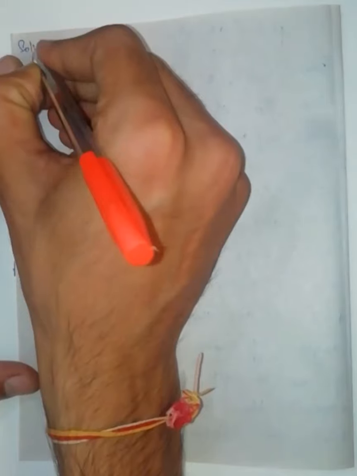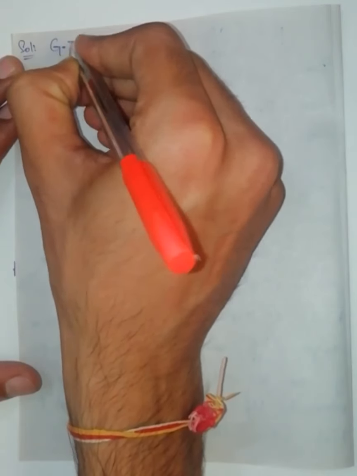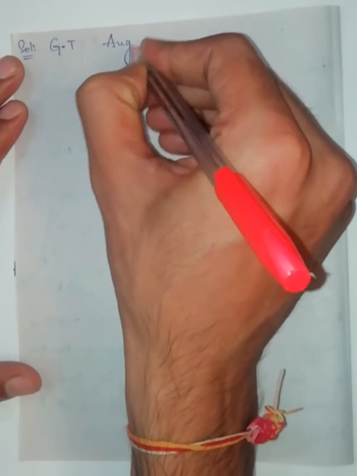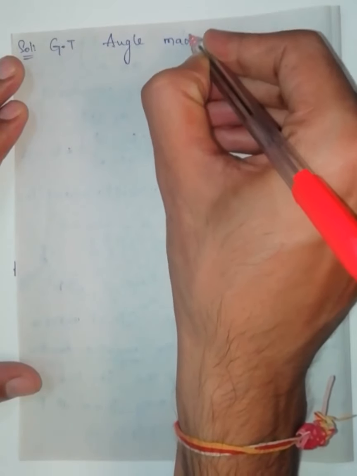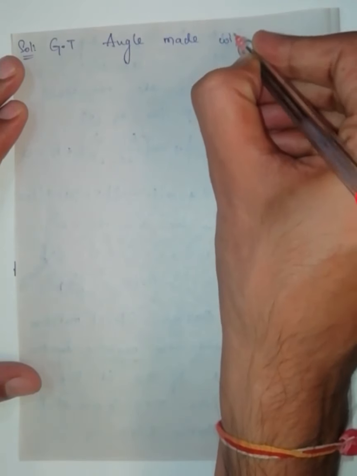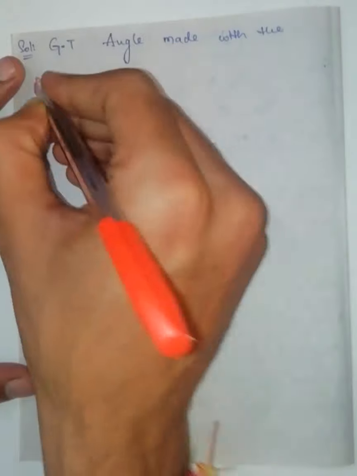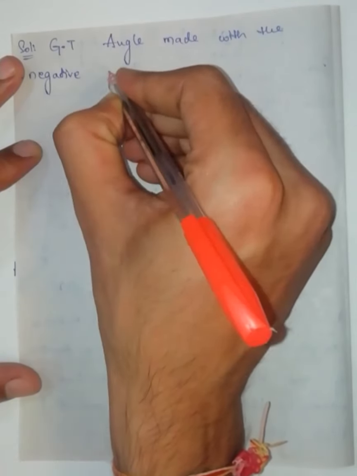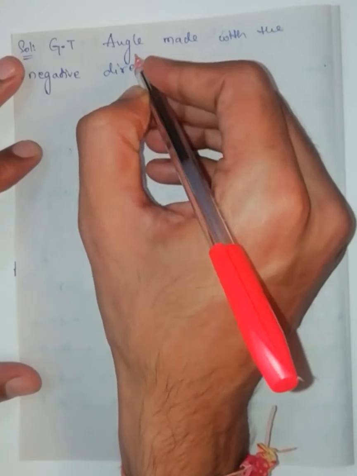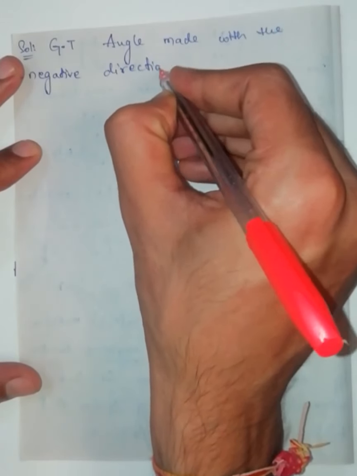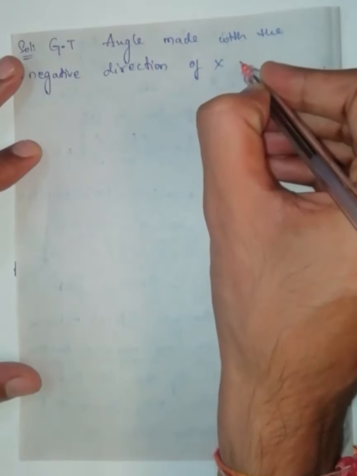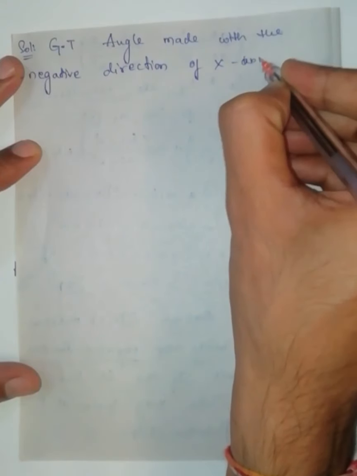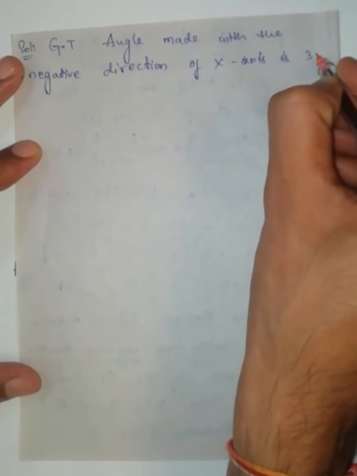Solution. Given that angle made with the negative direction of x-axis is 3 pi by 4.